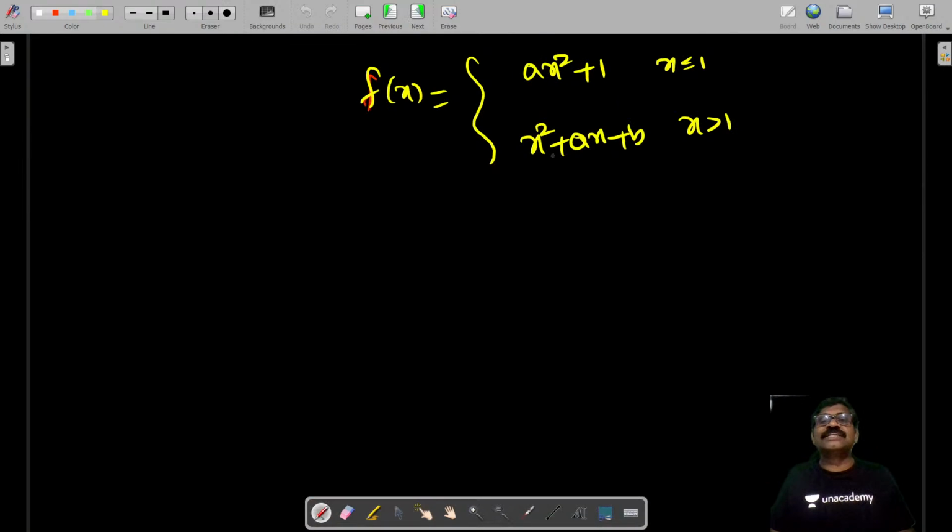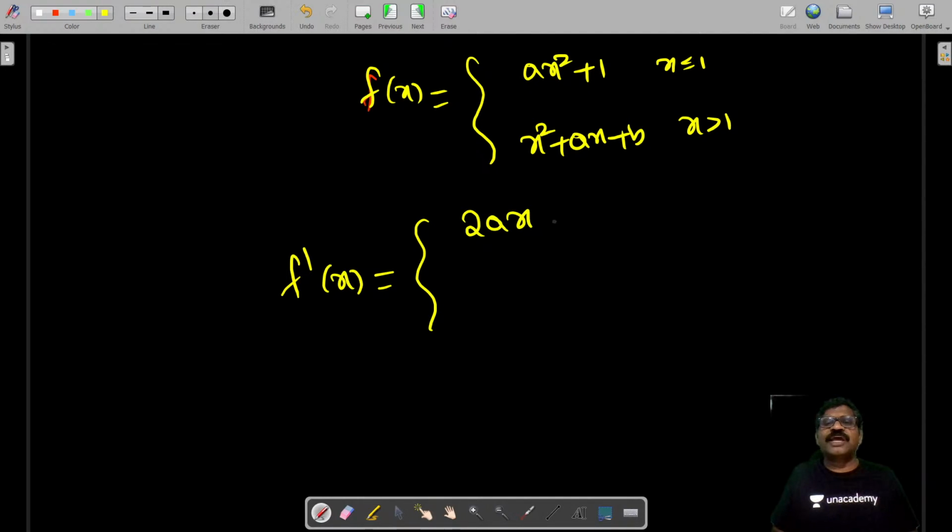Now the function is differentiable. Calculate f dash x. You will get differentiation of ax square, 2ax, when x less than or equal to 1. Differentiation of x square is 2x. Differentiation of ax is a. Differentiation of constant is 0, when x greater than 1.